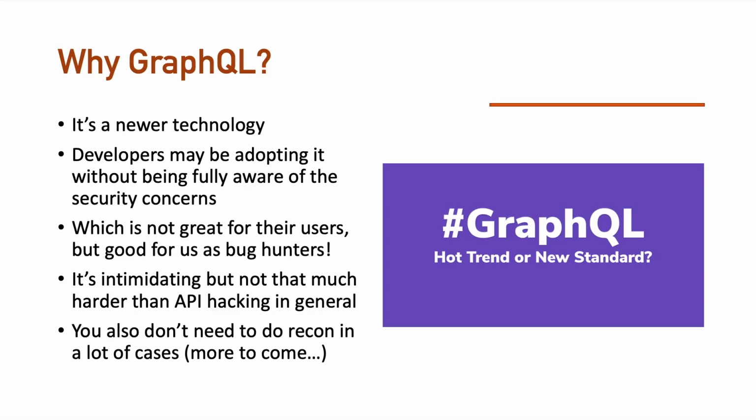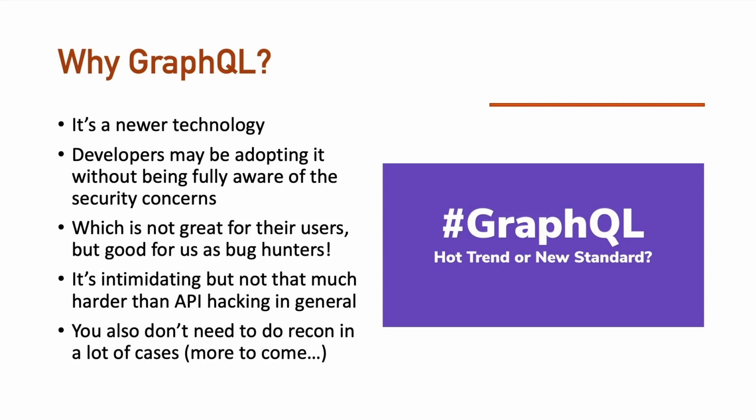But let's talk about why hunt for bugs in GraphQL. This really boils down to one point: it's a newer technology. Because it's newer, developers may be adopting it without being fully aware of the security concerns, which is not great for their users, but as bug hunters, that's good news for us.